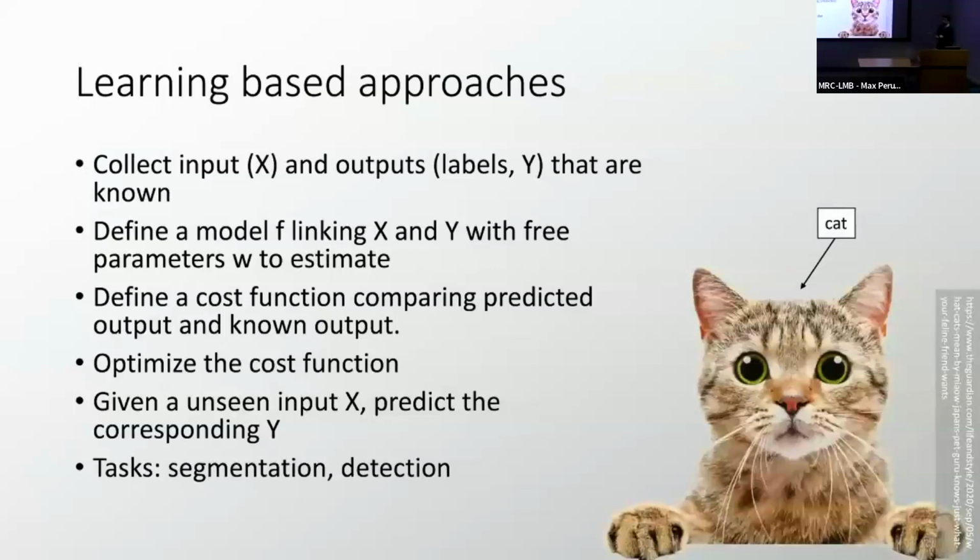So we collect for each pixel a vector, and we try to predict a label, which is just the class of the object. It could also be the whole image. The input could be the whole image, and the output could be a label. This is the kind of setup.